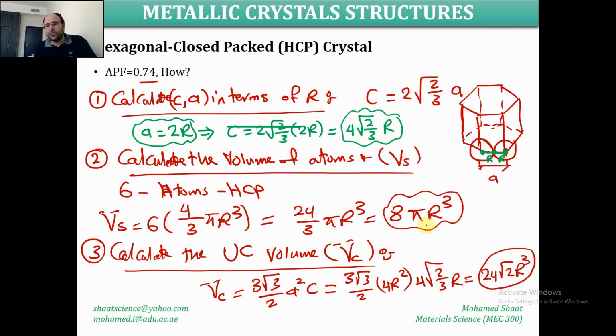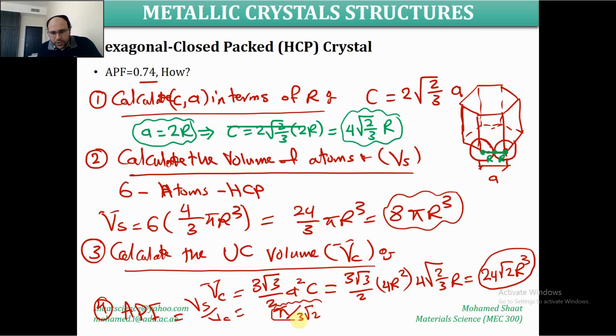This is the volume of the 6 atoms that form this unit cell. Then the atomic packing factor, and this is the fourth step. Calculate the atomic packing factor, which is the volume of the atoms divided by the volume of the unit cell. If you divide this one by this one, at the end we get pi over 3 square root of 2.